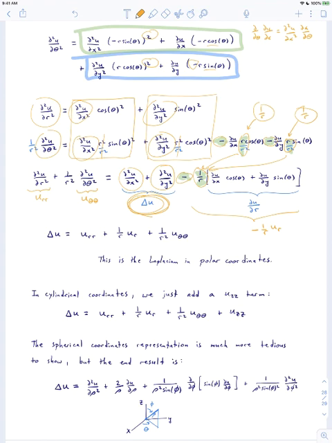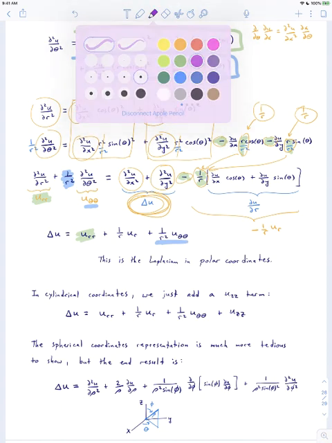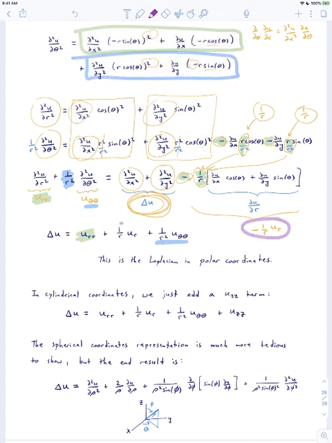So solve for the Laplacian, and you have u sub rr plus 1 over r squared times u theta theta. It's a little hard to see, let me just underline it. That's this term right here. And then we take this term right here, add it to the other side, and you get that. So this gives us the Laplacian in polar coordinates.